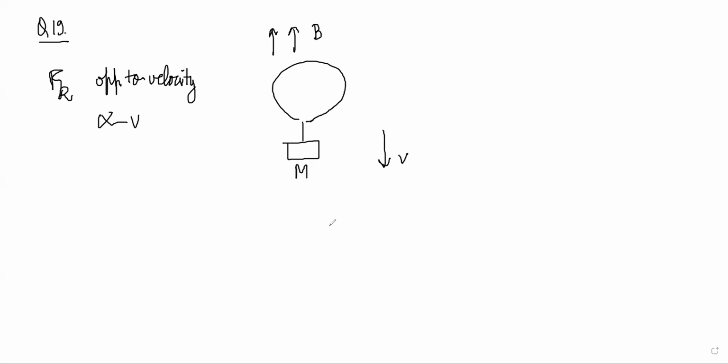Which direction do you think air resistance is acting? Sir, in the upward direction. So upward air resistance will act and the magnitude will be proportional to v, right? Yes. And mg will be acting downwards and B is acting upwards. This is the situation.